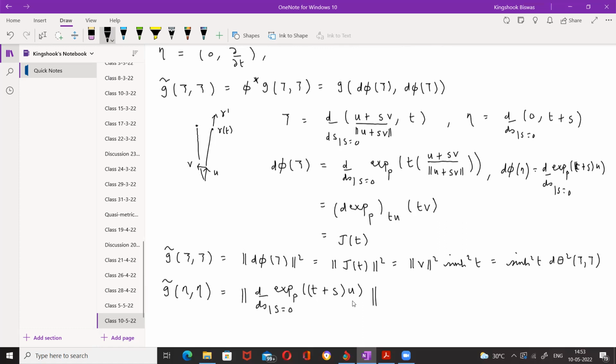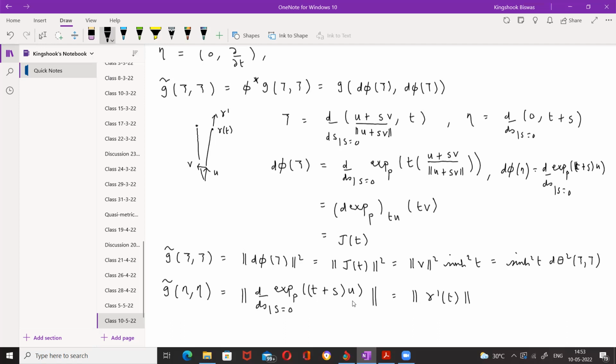So this is nothing but gamma prime t. This is just the derivative dds of gamma t plus s.